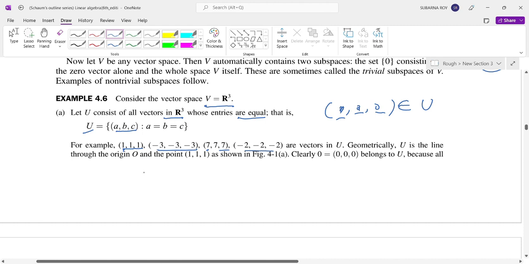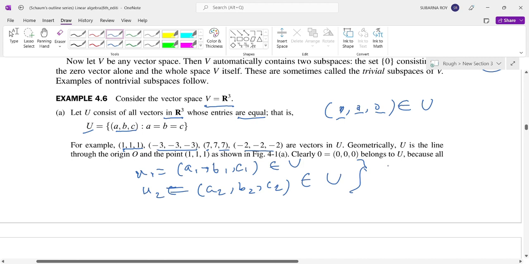The element (0,0,0), the zero element of R3, has all entries equal, so it belongs to U. Now take any elements u1 equal to (a1, b1, c1) and u2 equal to (a2, b2, c2), both belonging to U. Then a1 equals b1 equals c1, and a2 equals b2 equals c2. Therefore u1 plus u2 gives (a1 plus a2, b1 plus b2, c1 plus c2).